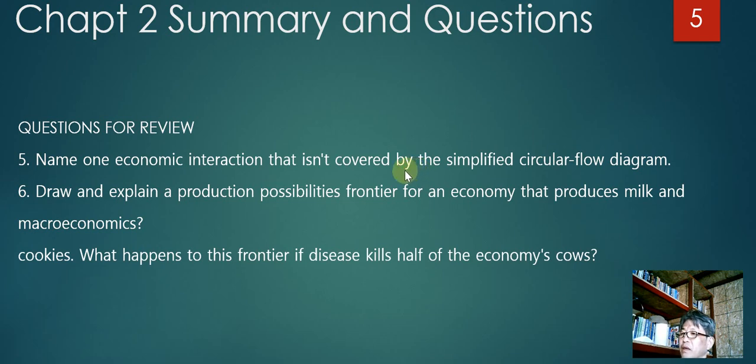Okay, this is the answer we have. This is the question we have already answered: the cookie. What happened to this frontier if disease kills half of the cows? Half of the cows were killed by disease.